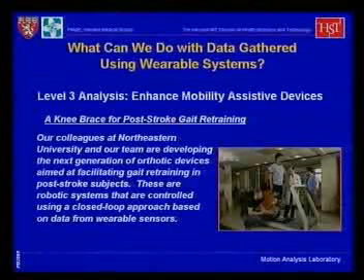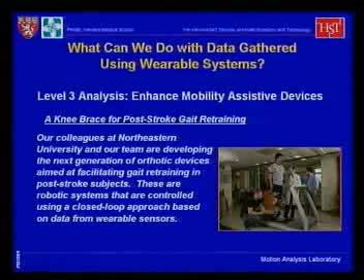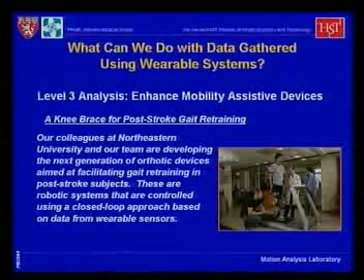The third area, which I think is pretty much exploding, at least in rehab engineering at this point in time, is the one in which we utilize sensing technology to improve the functioning, quote unquote, of devices that might be robotic braces, robotic systems, or prosthetic devices.